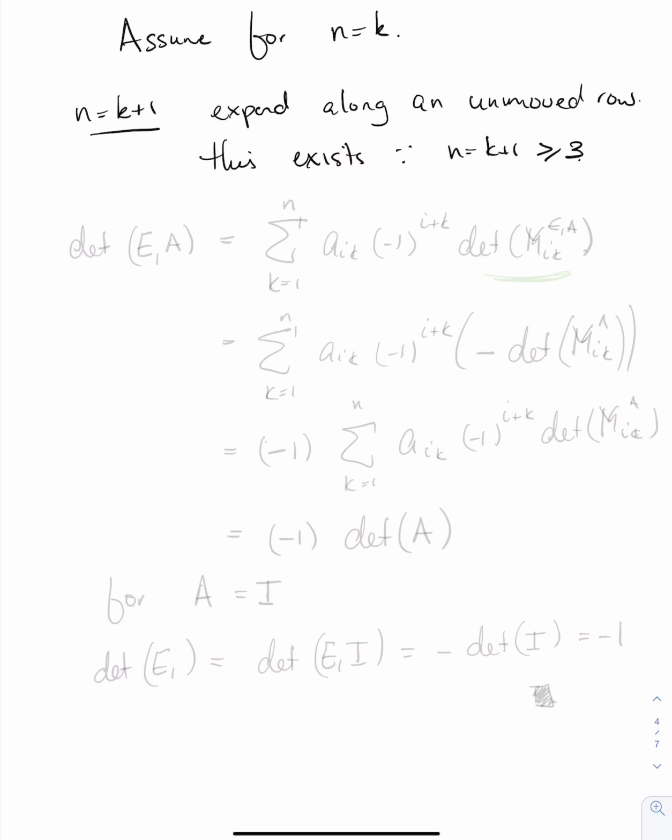Now let's work through it. The determinant of E1 times A is going to be the sum of aik times negative 1 to the i plus k times the determinant of mik in the matrix E1A, as k ranges from 1 to n.